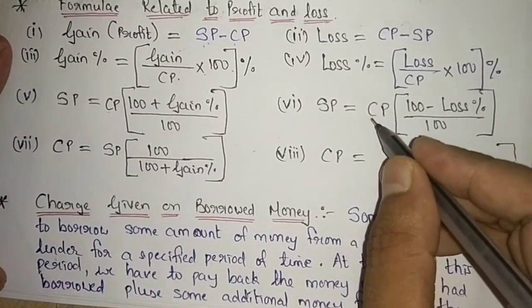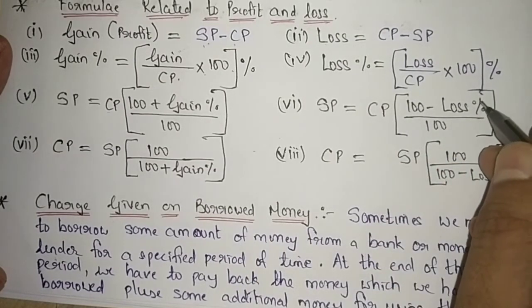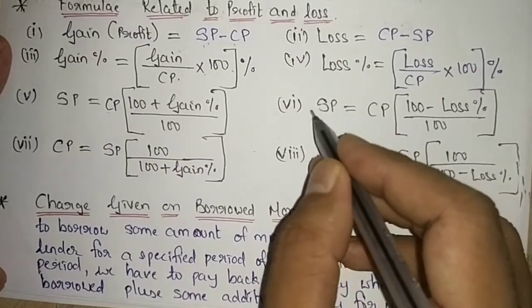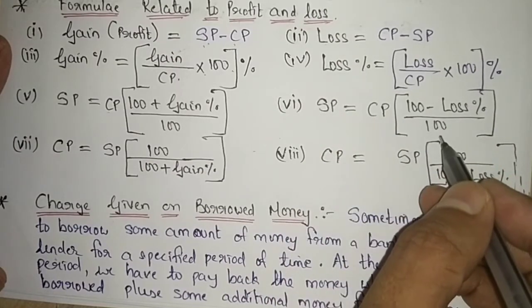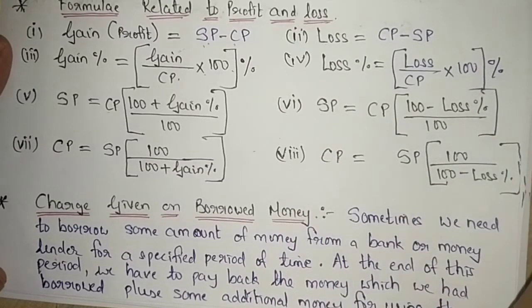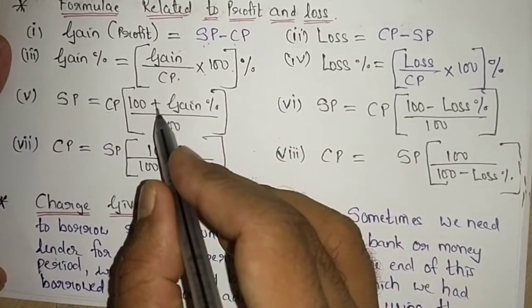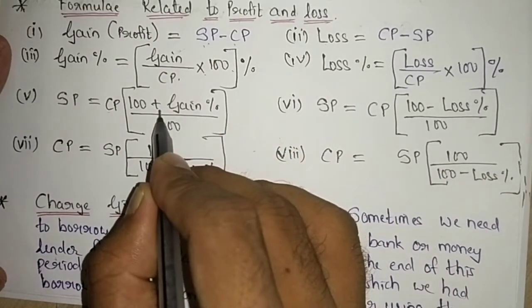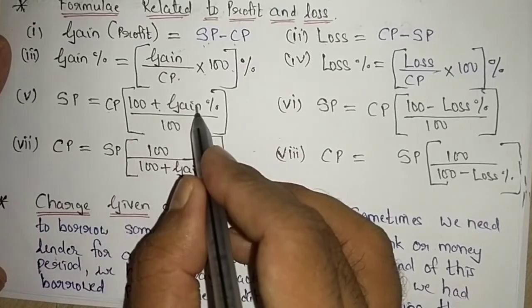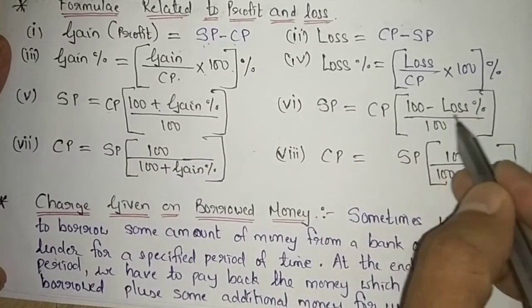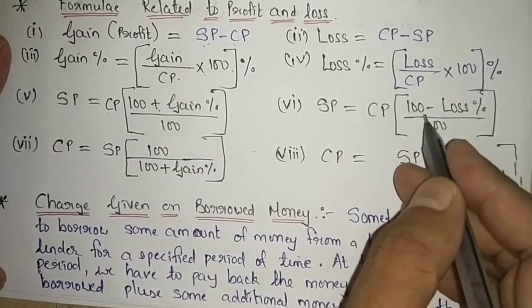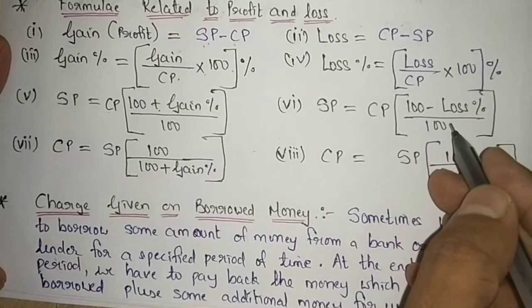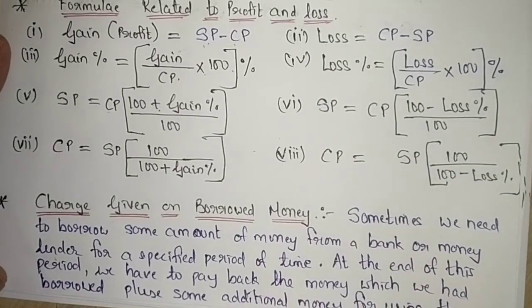Suppose they have given you cost price and loss percentage, and they told you to find selling price, then you can put this formula and give the answer. You can see properly, because it was profit, I wrote 100 plus profit percentage. Because it was loss, I have to subtract from the 100, so 100 minus loss percentage divided by 100.